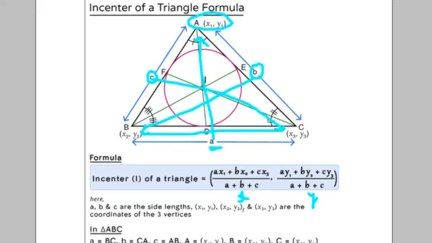The easy way to remember this formula is that we take the vertices and their opposite sides, multiply them, and get the sum.